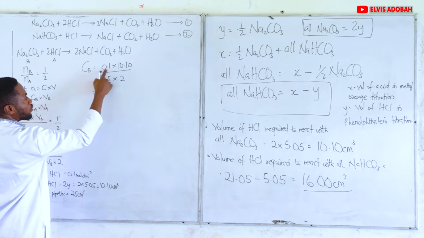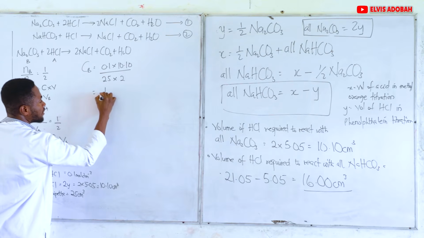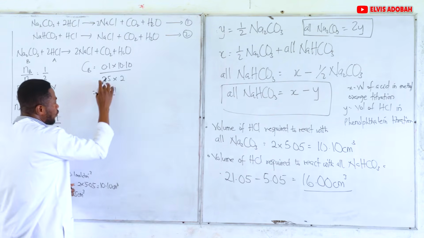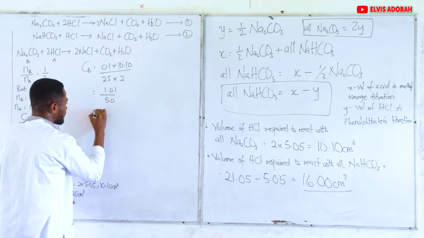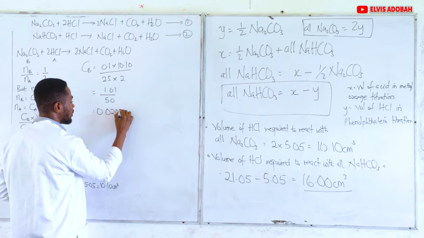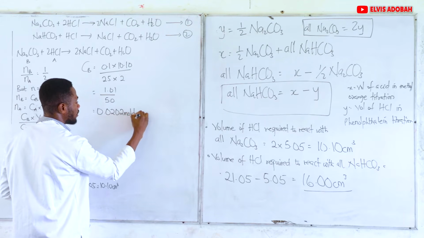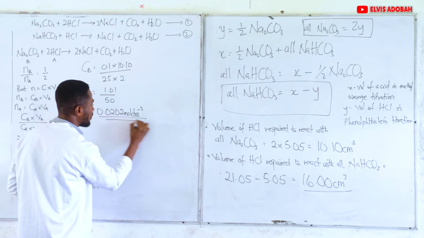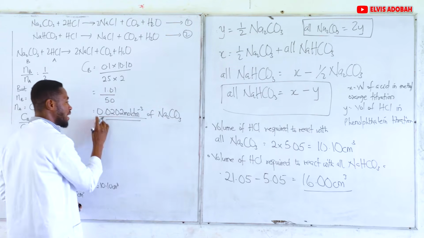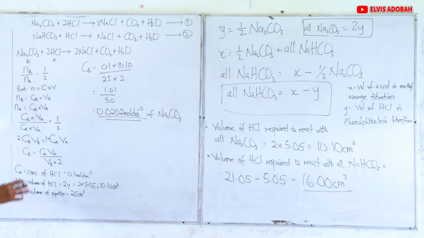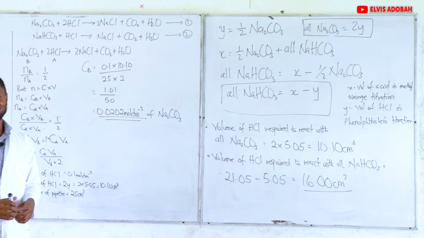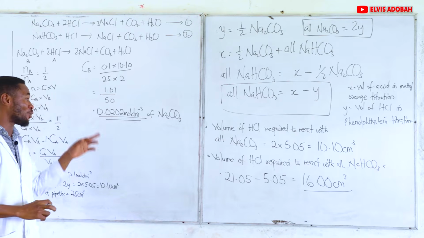So we get 0.1 times 10. That will give us 1, divided by 1. Then we have 25 times 2, which will give us 50. So we are going to get 0.0202 mole per decimeter cube of sodium carbonate present. That is the concentration of sodium carbonate.